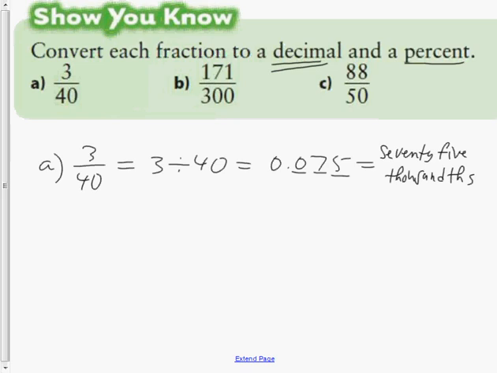If I covered up the decimal and read that number, that would be 75. Then I count the place value: tenths, hundredths, thousandths. That would be my bottom number. So I would write it as a fraction of 75 thousandths, or 75 over 1,000.